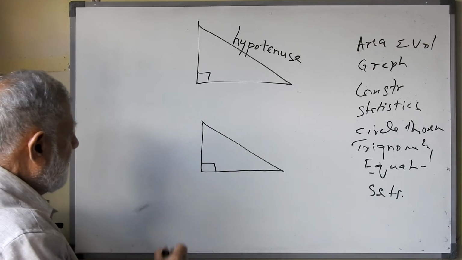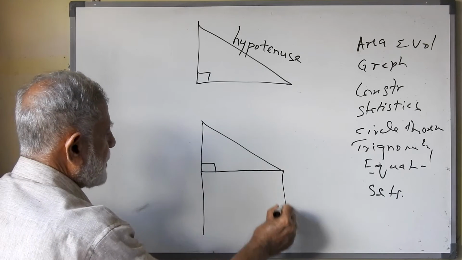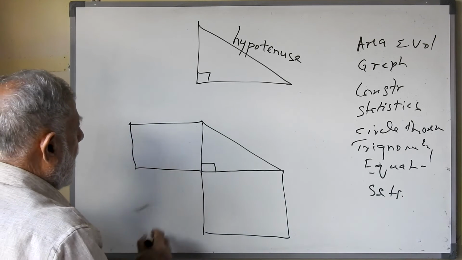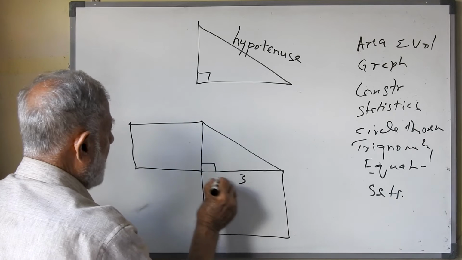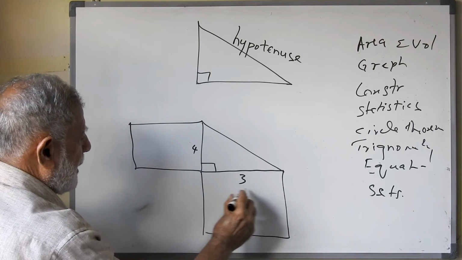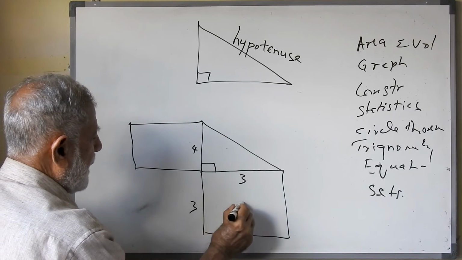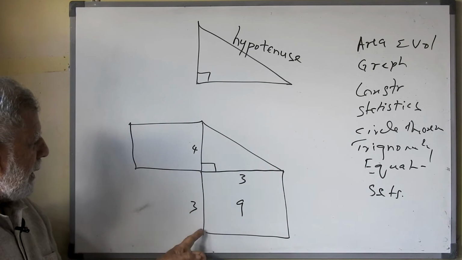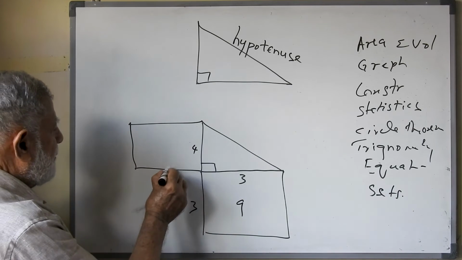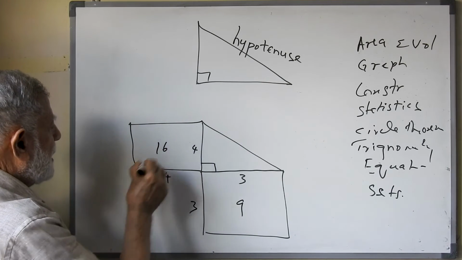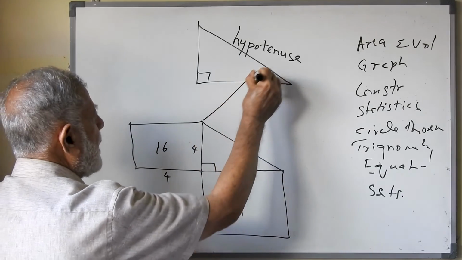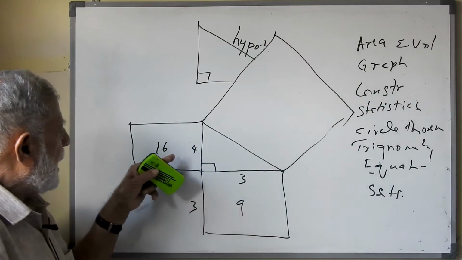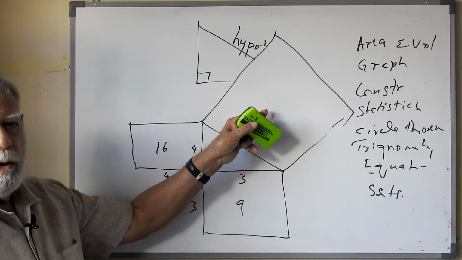He found out that if we have a square on each side, and supposing this side is 3 and this side is 4, the area of this square will be 3 threes are 9, and the area of this square is 4 fours are 16. Pythagoras found that when you add these two areas, it will be equal to the area on the hypotenuse.